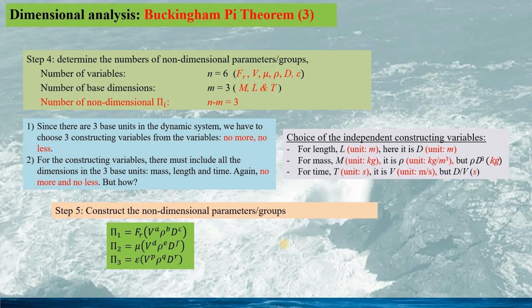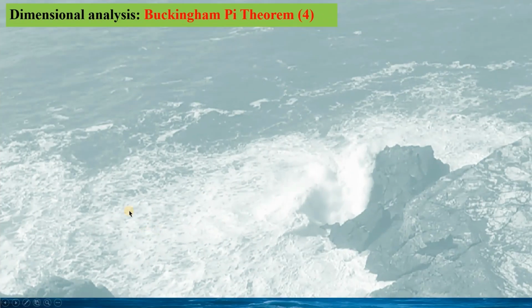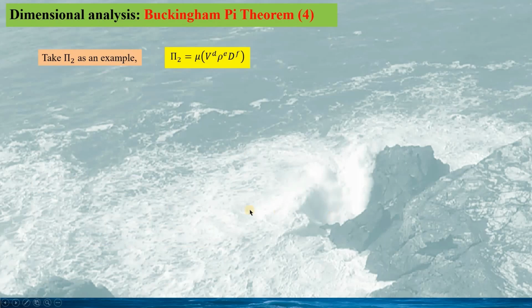And next step, we would use the dimensional analysis to decide the power indices here, A, B, C, D, E, F, and P, Q, R. Here, we take the second non-dimensional parameter, pi 2, as an example.